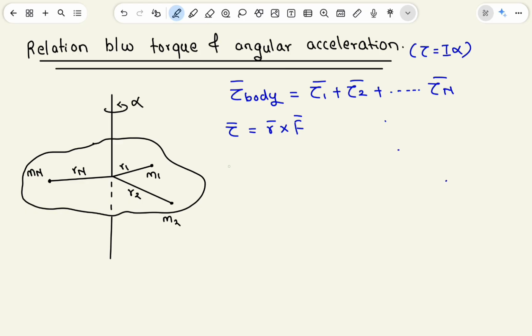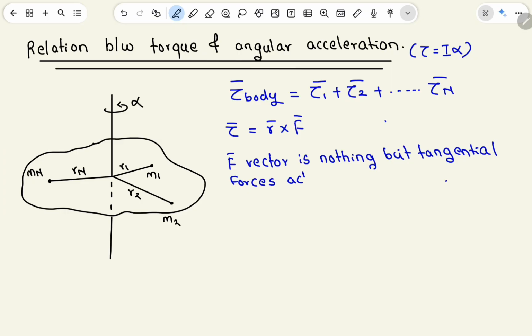The answer to that question is the F bar vector is nothing but the tangential forces acting on all particles performing circular motion.